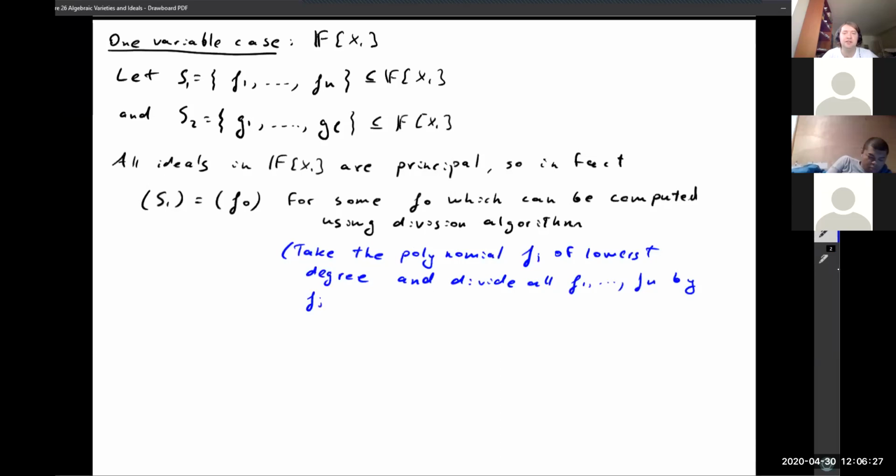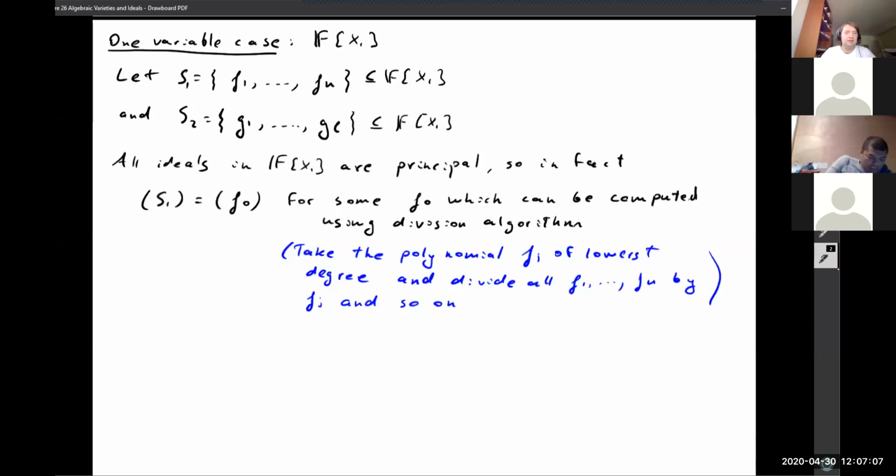Then the remainders of this division will be of degree less than fj. Then out of the result, you take again the polynomial of the lowest degree and you divide all the polynomials there by it, etc. Each time either you get all remainders 0, then you're done, you found the generator, or you can continue by decreasing degree. So this algorithm stops, and this gives you a generator of the ideal.